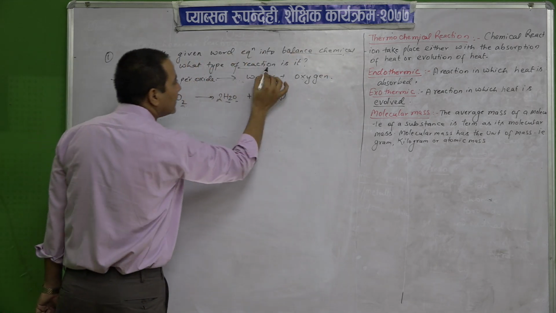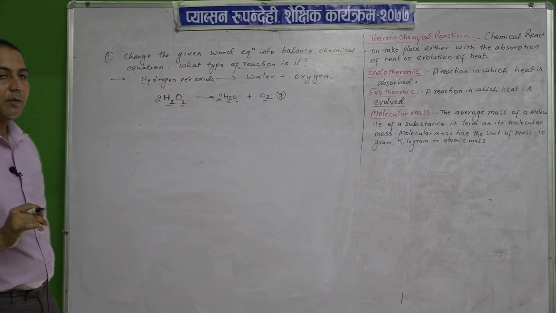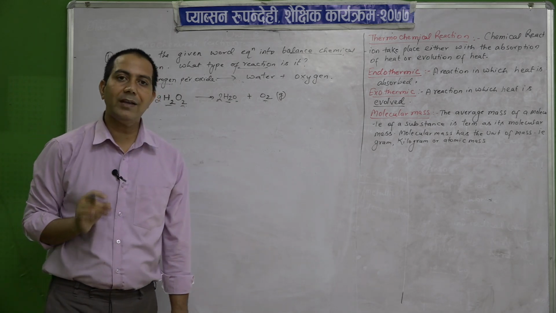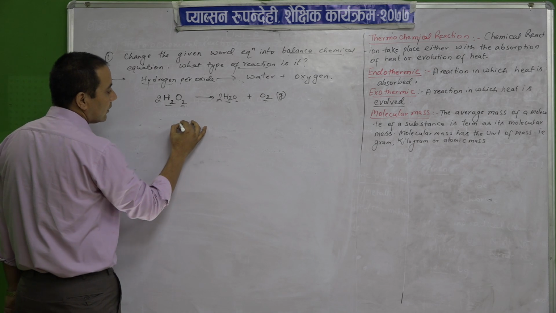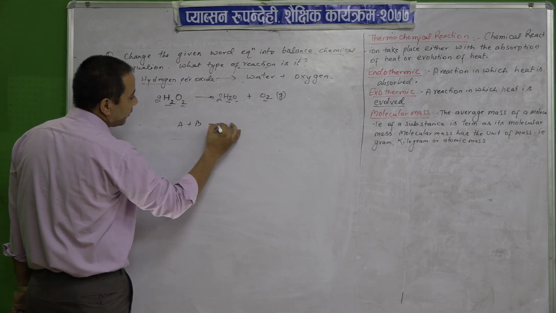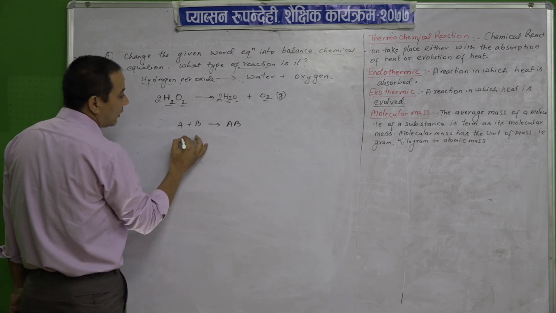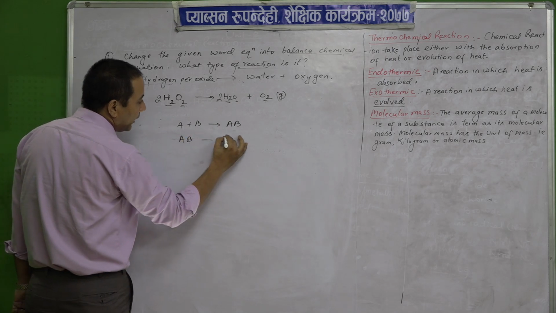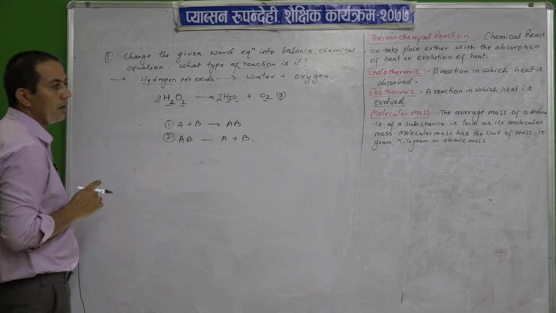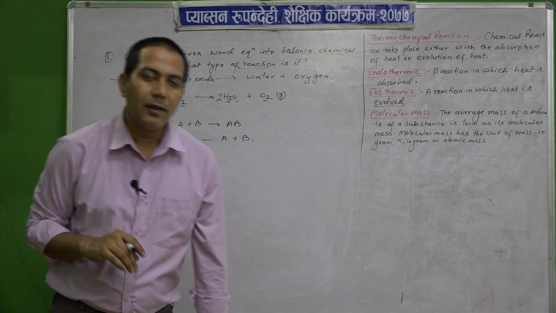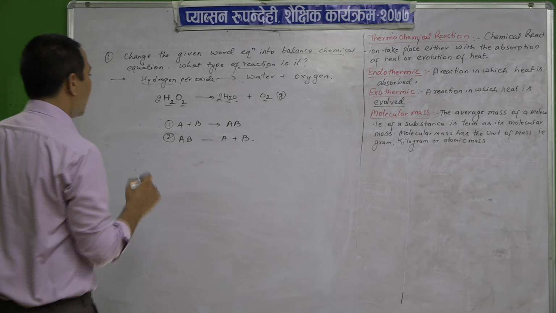Now, the second question is what types of reaction is it? Which formula exists here? A plus B equals AB, or AB equals A plus B. Which one, the first or the second? Yes, that is obviously the second one.